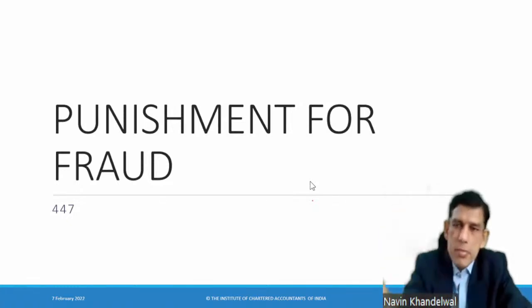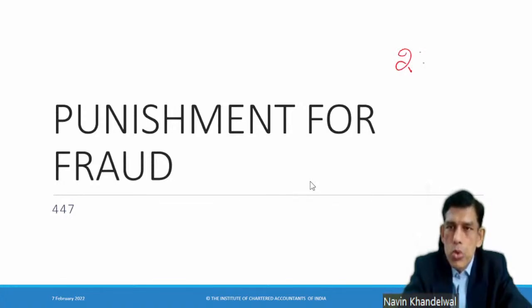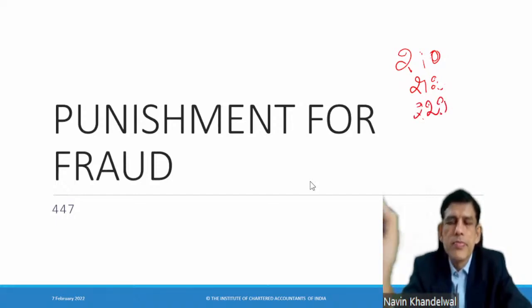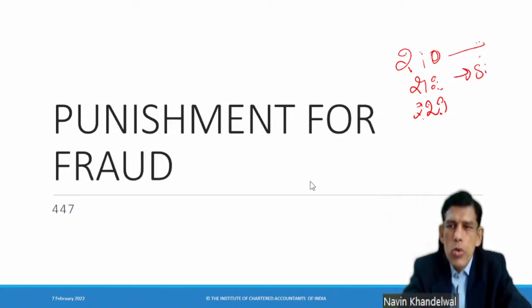Be it under 210 or I think 212, 229, inspection, SFIO, and the effect under 229 of all the inspection and inquiry, they all refer to section 447.